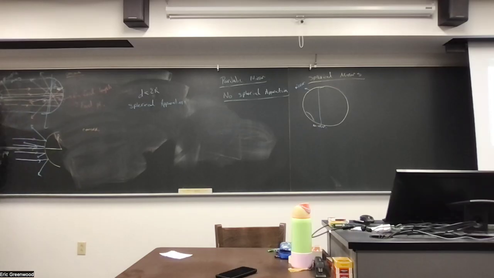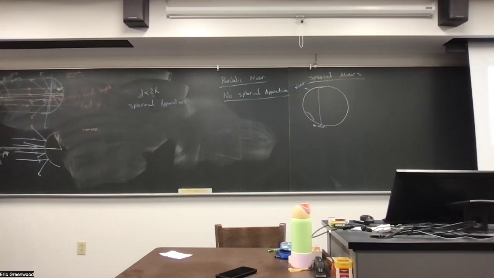Now, for both of these cases, my eye is going to be sitting out here. So in this case, it's looking at the reflected light coming back in this direction. And for this one, my eye is out here looking at the reflected light reflecting backwards. Otherwise, if it was on this side, I wouldn't see anything, so it would be kind of pointless. It has to be on the same side.